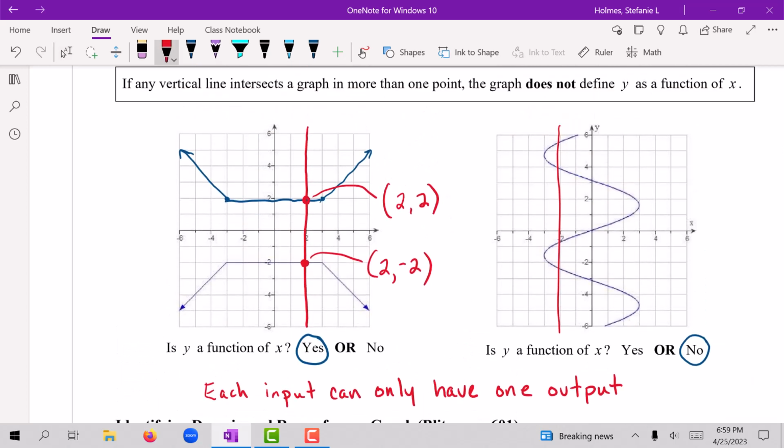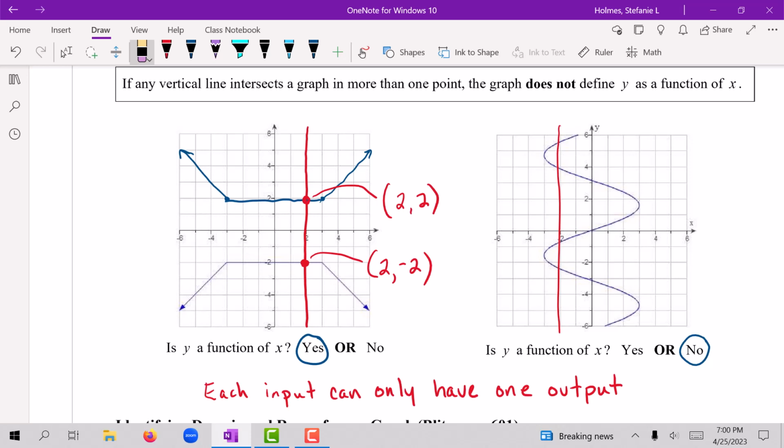But here, you see, once I drew in the other piece of the graph, that vertical line touches twice with the same input and different outputs. So that's why it would not be a function.